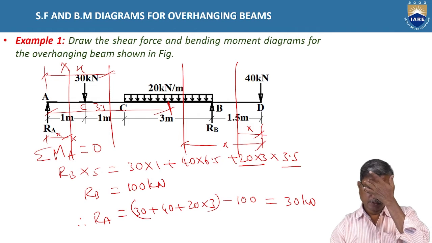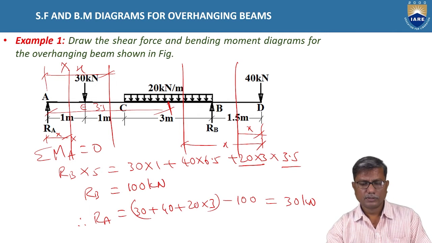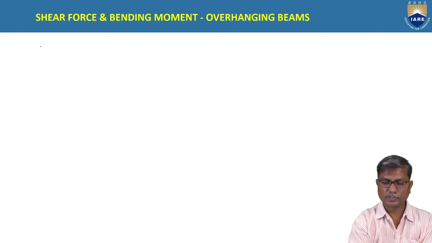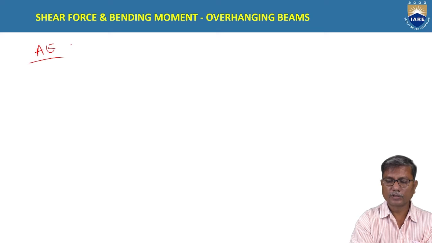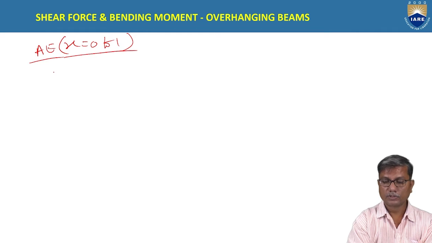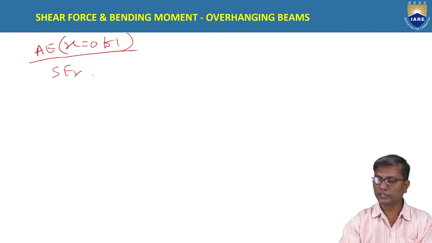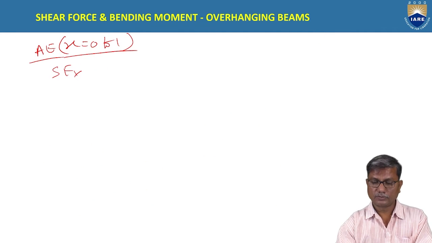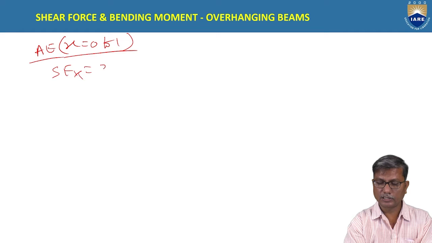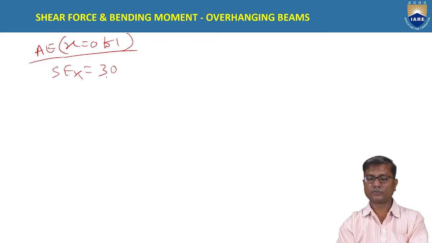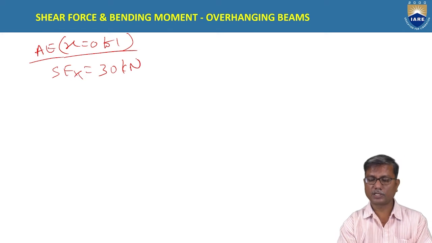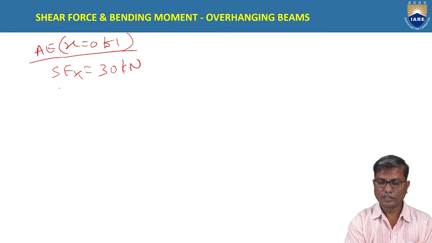Now, for the section between AE, X varies from 0 to 1. So shear force at section X is only one force, the reaction RA, that is 30, and it is positive, 30 kilonewtons, as per our convention.